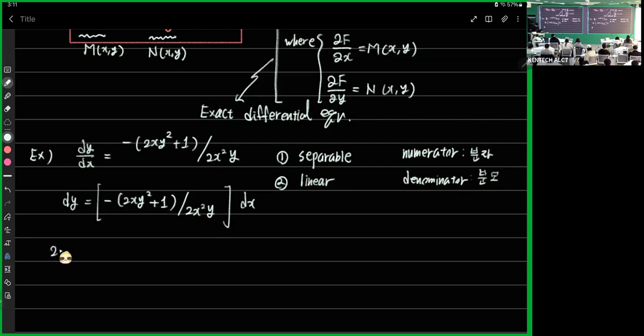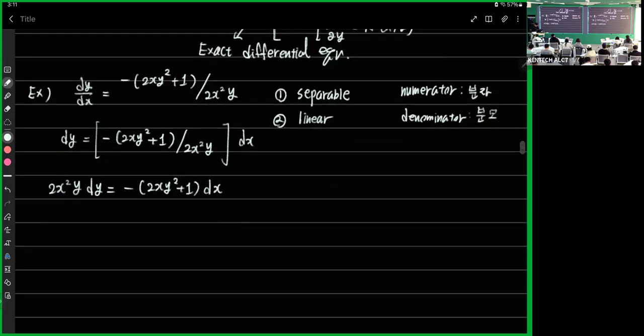So I'll multiply by the denominator on both sides. Then we get 2x squared y dy is equal to minus (2xy squared plus 1) dx. And then move the expression on the right-hand side to the left-hand side to make a 0 on the right-hand side. So we have (2xy squared plus 1) dx plus 2x squared y dy equals 0.